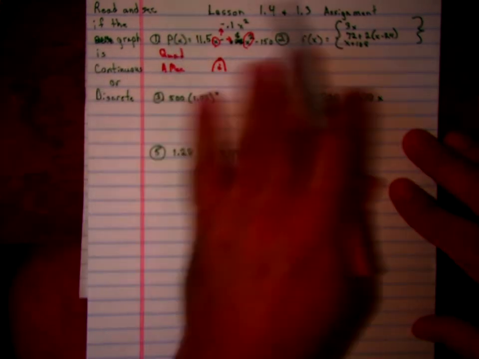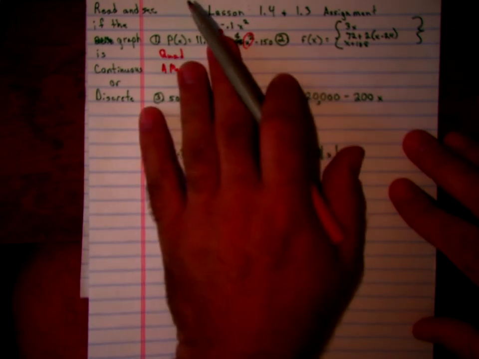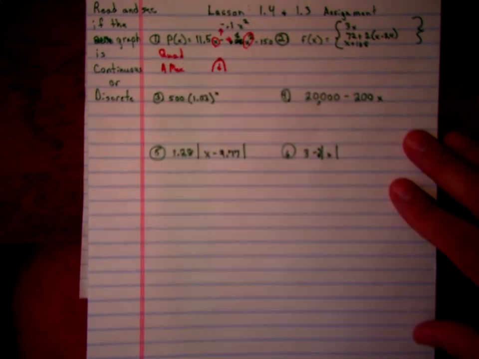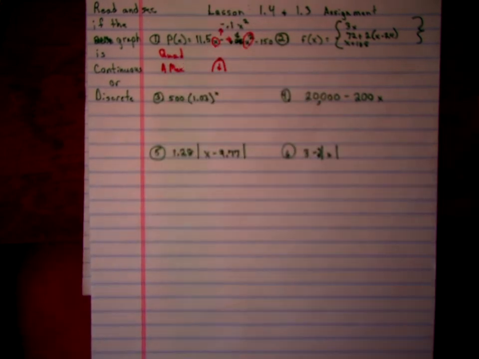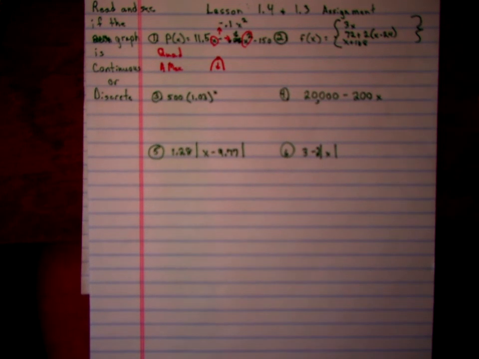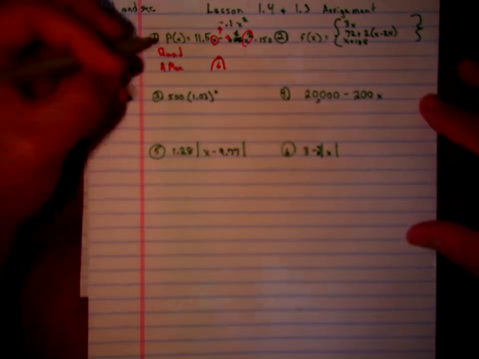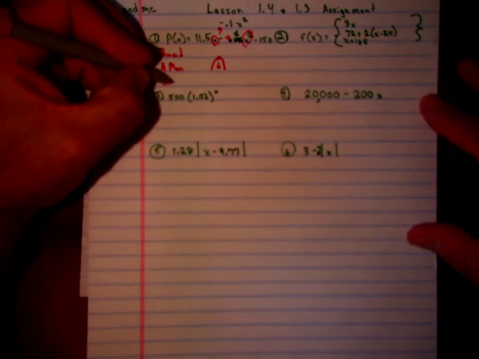So the rest of this we can get just from the sentence, from our function. When we read the problem, what are we measuring? Okay, this is what we're talking about before. We're measuring the sales of DVDs. Is that discrete or continuous? Hopefully you will know it is discrete.